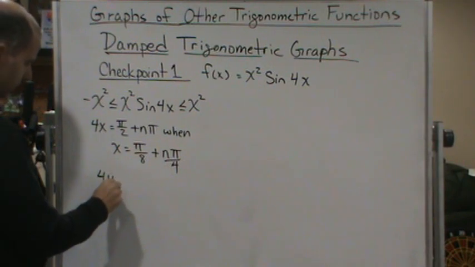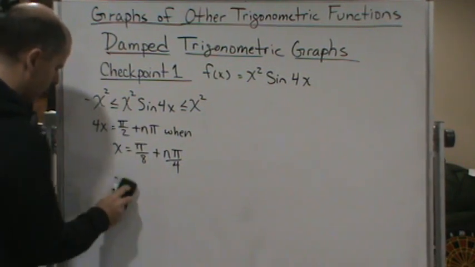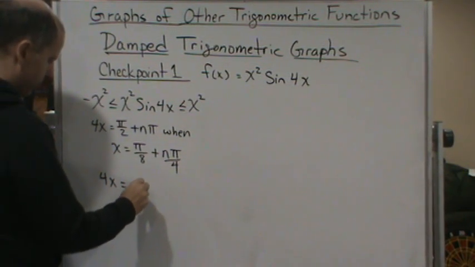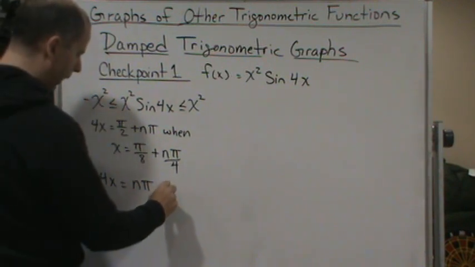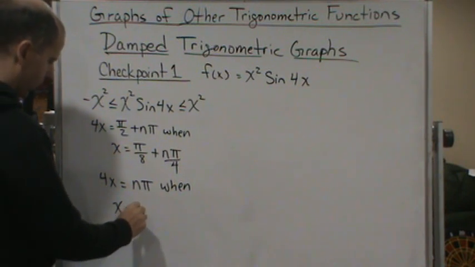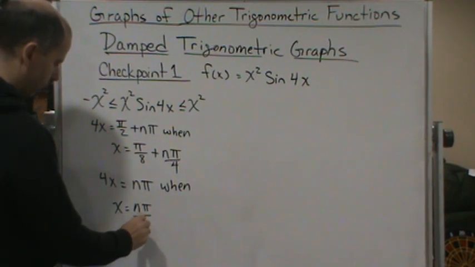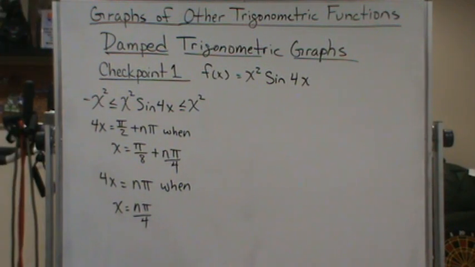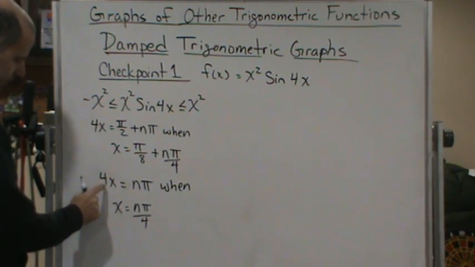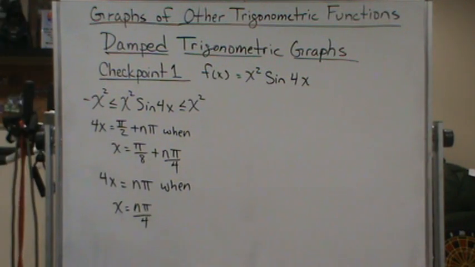So I'm just going to write this out a little bit. 4x equals some multiple of pi when x equals a multiple of pi over 4. Because when it's a multiple of pi over 4, the 4's are going to cancel when you plug it into x, and you get a multiple of pi in the sine function. So that's when we're going to have the x-intercepts occur.